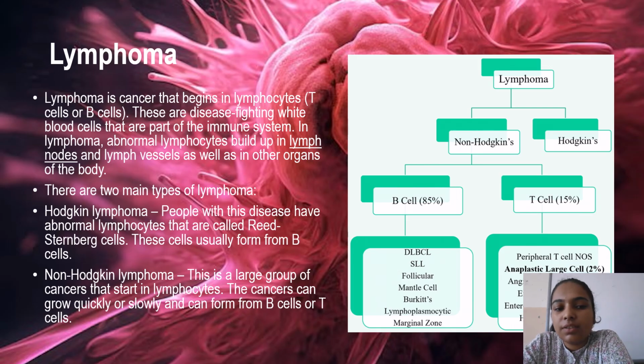In Hodgkin's lymphoma, people have abnormal lymphocytes called Reed-Sternberg cells, and these cells usually form from B cells. Non-Hodgkin's lymphoma is a large group of cancers that start in the lymphocytes, and these cancer cells grow quickly or slowly and can form from B cells or T cells.